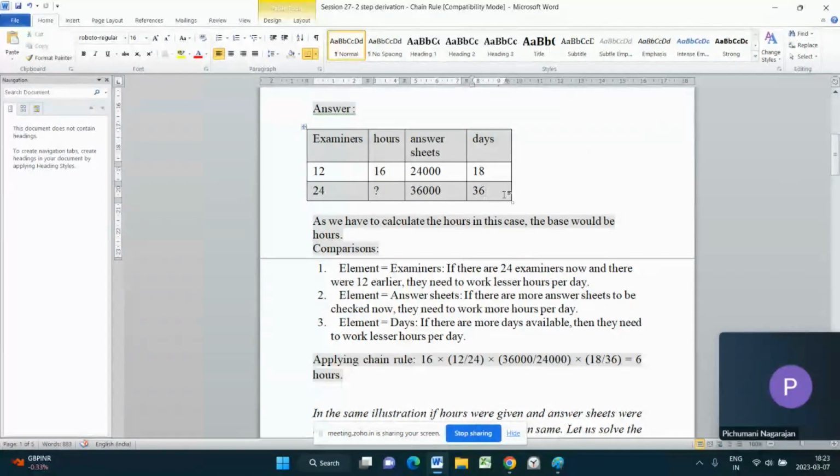I have 36 days; earlier it was only 18 days. So it is comparatively less. When it is less, my assumption is that I will spend less hours. When my assumption is less, put the smallest one on the top and the bigger number on the denominator. Solve this and you will get 6.